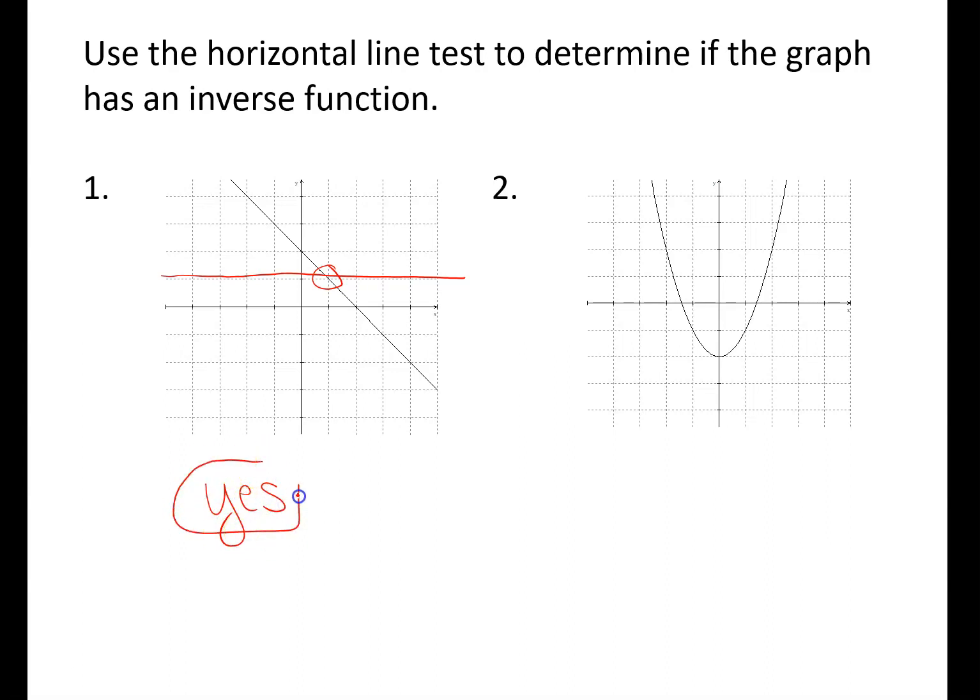Now what are we saying yes to? We're saying yes, this graph does have an inverse function. Look at number 2. If we draw a horizontal line to intersect the graph, it will intersect twice. So no, this graph, which is the quadratic function, does not have an inverse function.